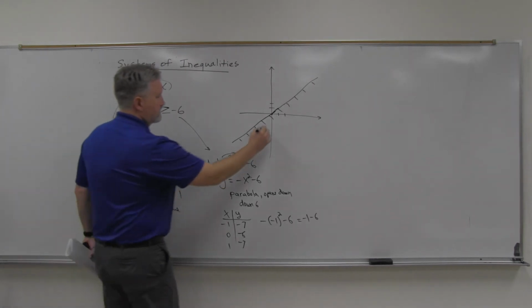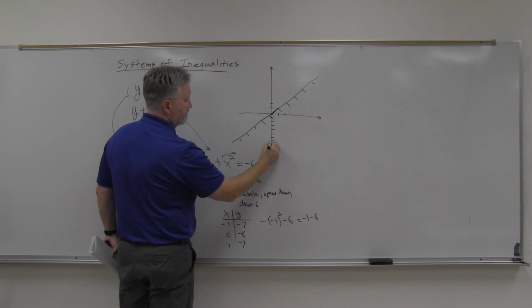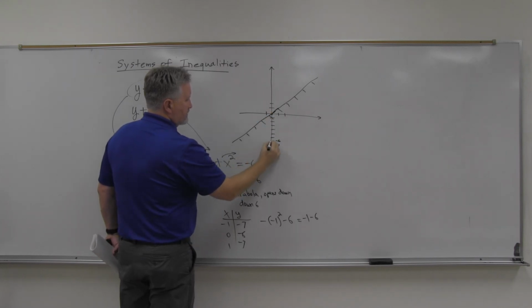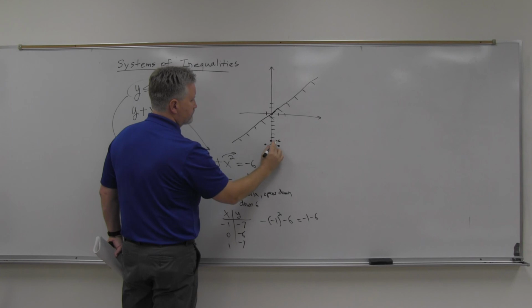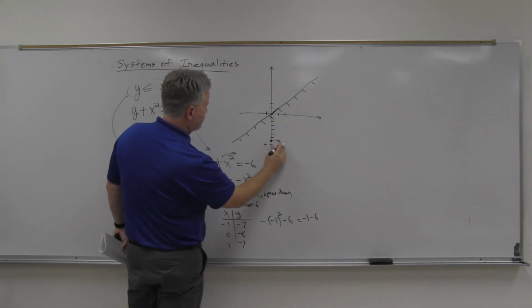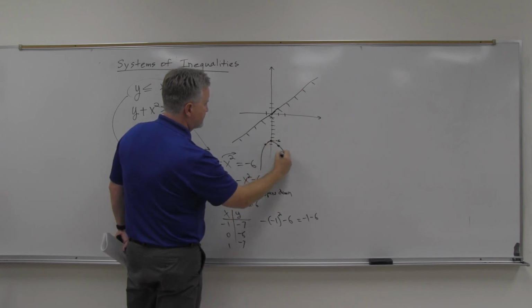So anyway, that gives us some good points. So 0, -6, and -1, -7, and there's 1. Like that. And it's solid.